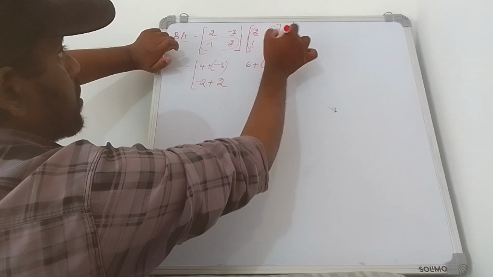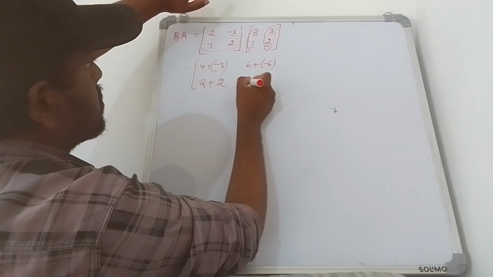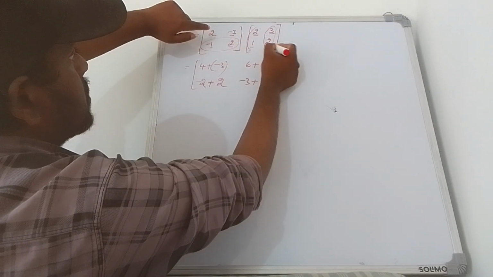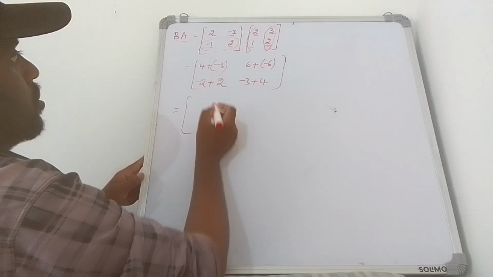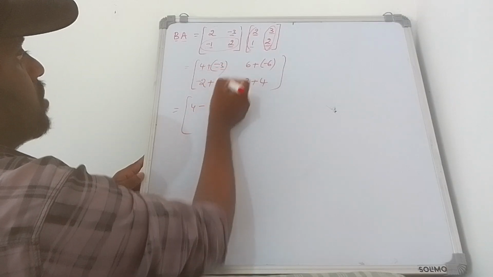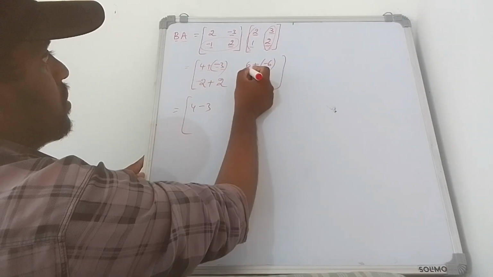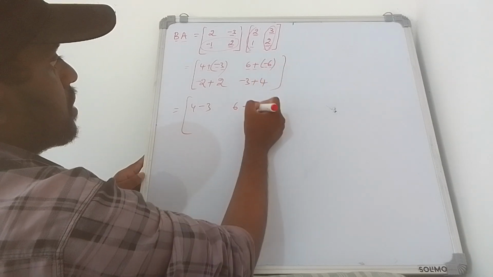Next consider this second column. So first element minus 1 into 3, minus 3, plus second element 2 into 2, 4. Okay, we have to proceed. This 4 plus into minus this 3. Next, this 6 plus into minus this 6.